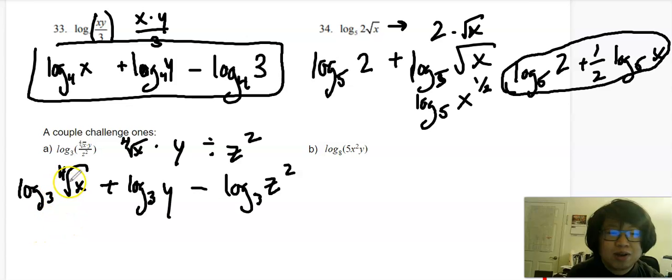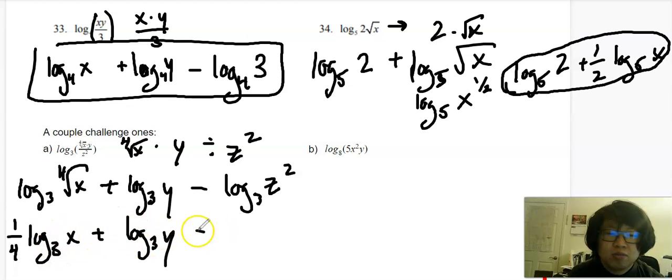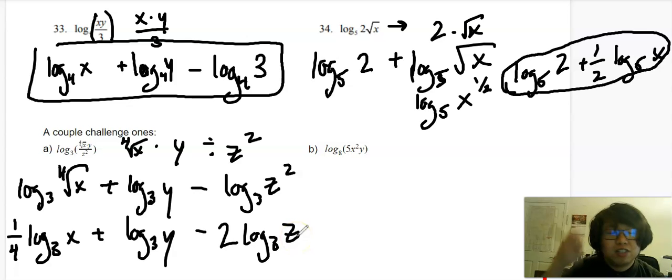In this one, just like in number 34, this is technically the same as the 1/4 power, so I'm just going to kick it out here: 1/4 log base 3 of x plus log base 3 of y minus, this is a 2, and I don't need to do anything special with that one, I'll just kick it out here, 2 log base 3 of z. And there we go. There's our challenge problem.